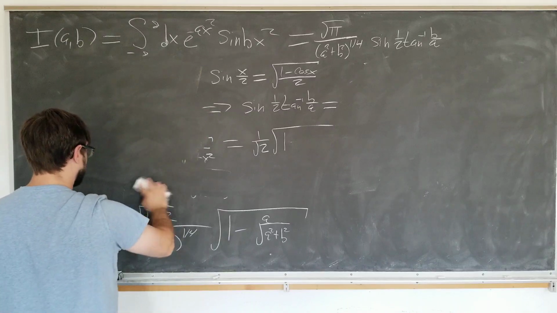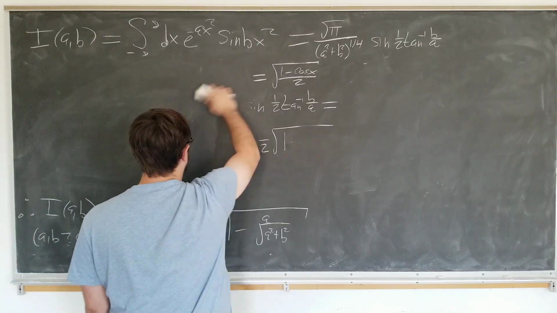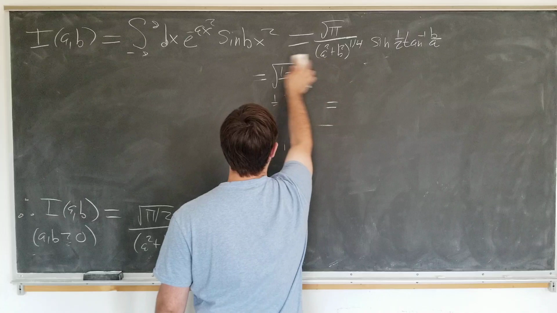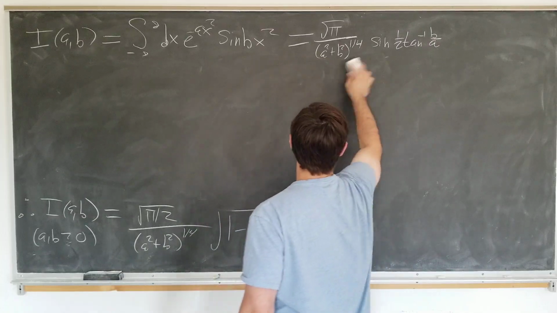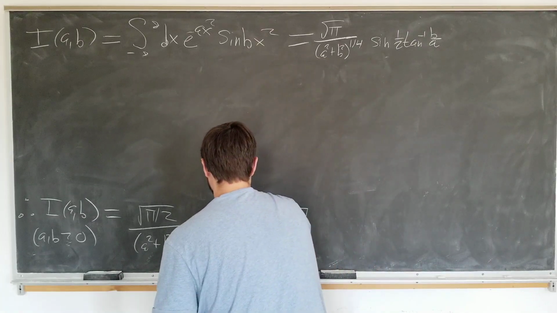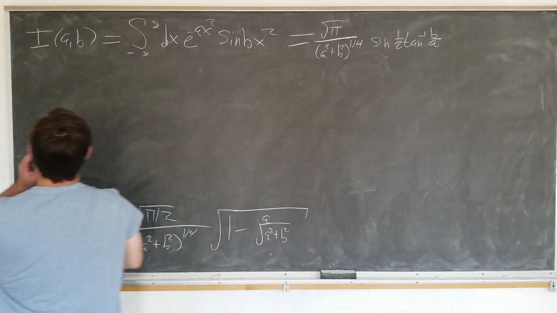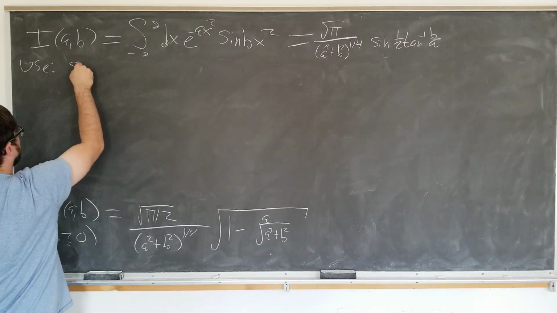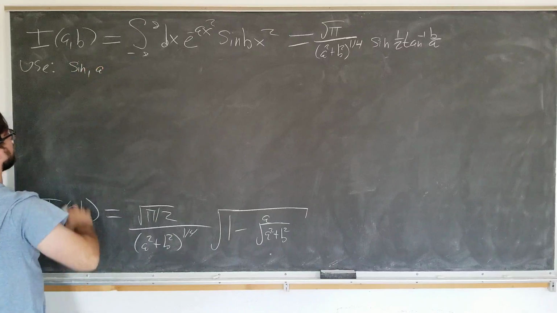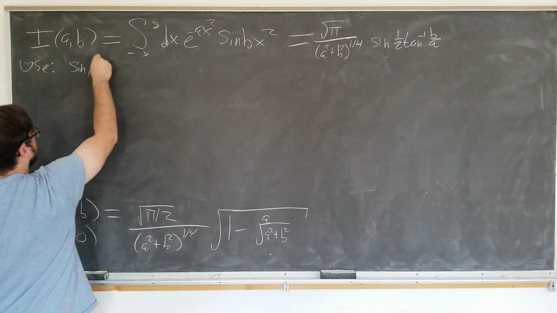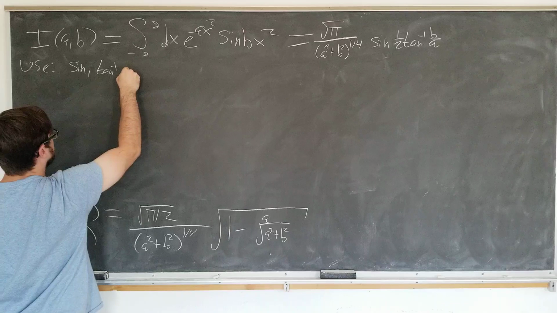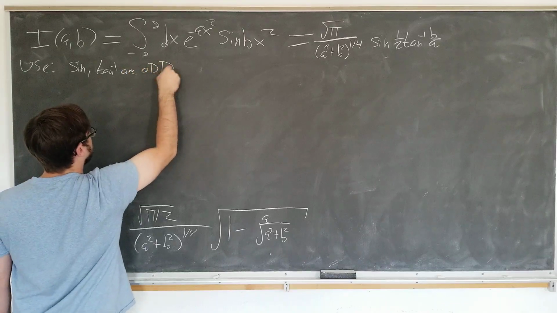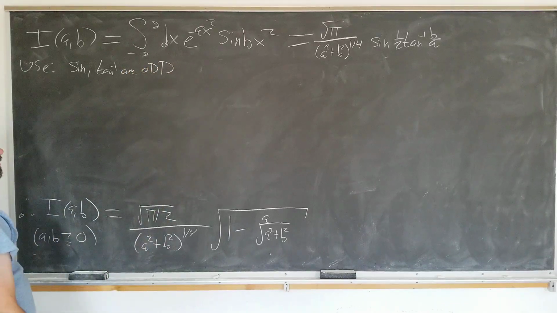If we saw this in a table of values of integrals, it would certainly tell you for which values of the constants it works, so that's an important part of the process as well. Okay, so now we're going to use the fact that sine and inverse tangent are odd. And that should be pretty much it.